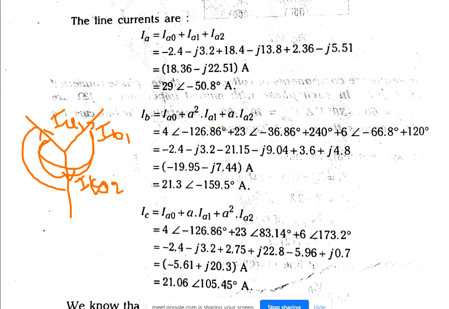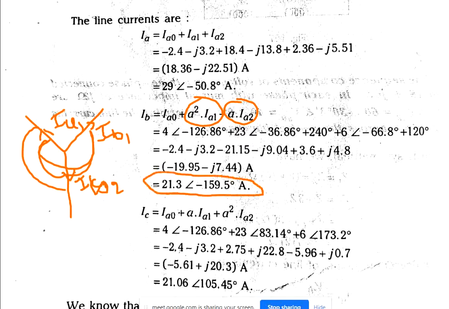Apply A square is 1 at an angle 240, A is 1 at an angle 120. For multiplication your magnitudes will be multiplied and your angles will be added. Just apply the values here, then you will get the final answer 21.3 at an angle minus 159.5.